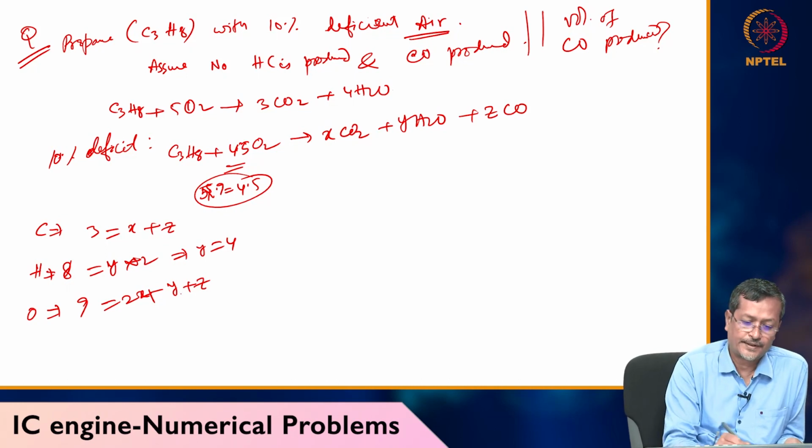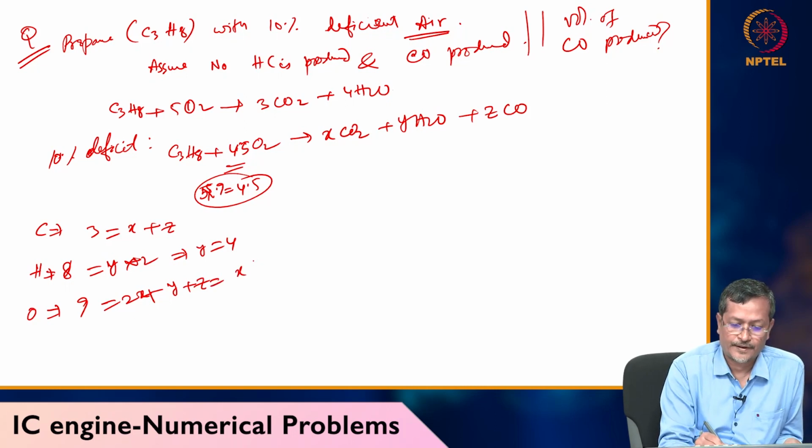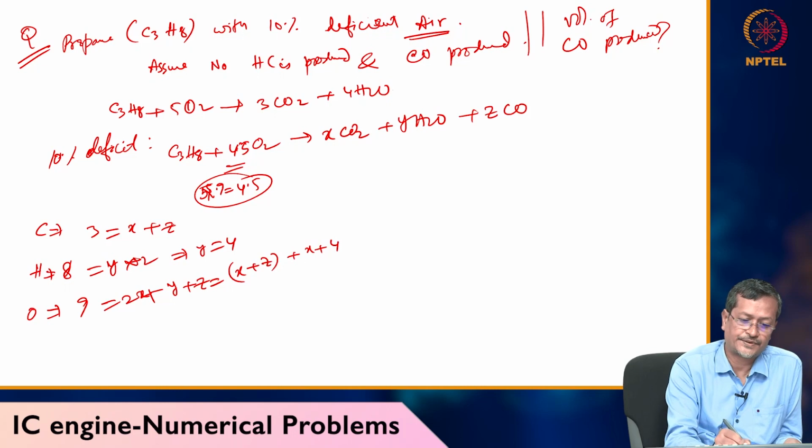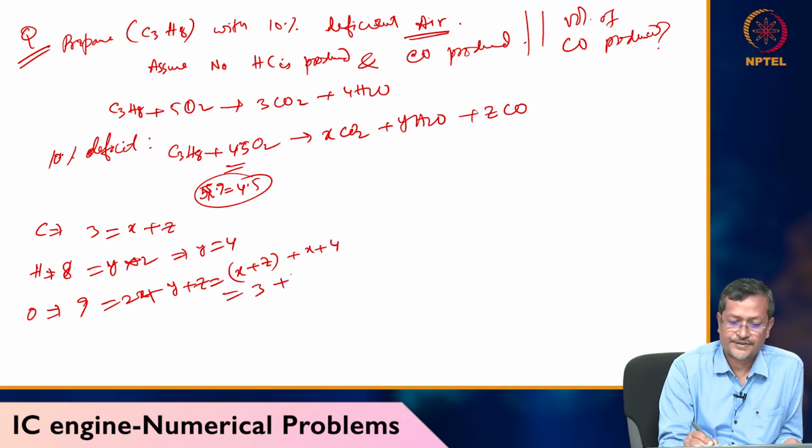So 2X plus Y equals 3 plus 4 plus X, therefore X becomes 2.